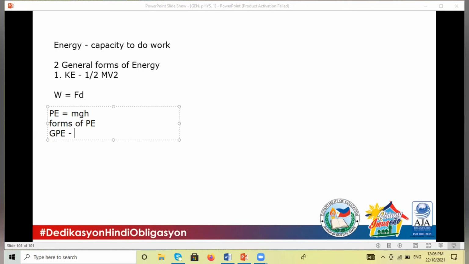Gravitational potential energy, the energy possessed by an object due to its position.